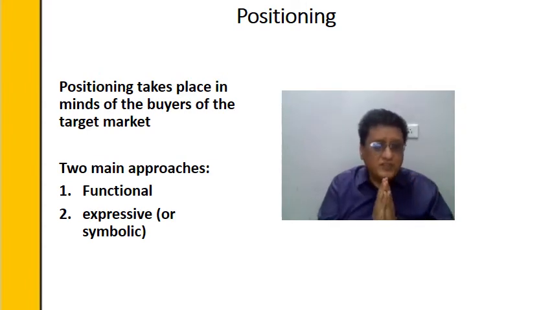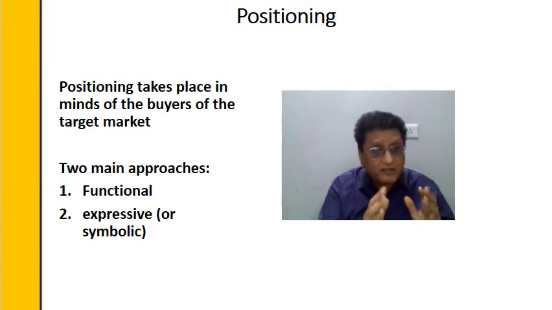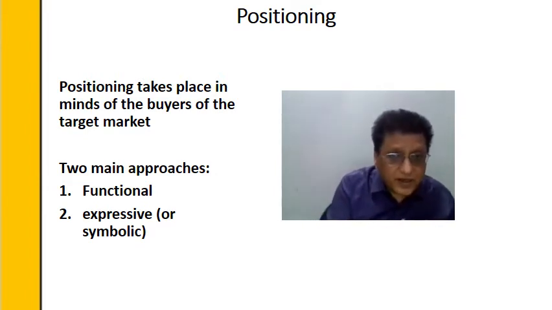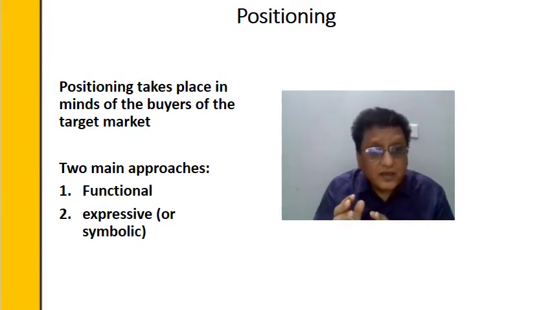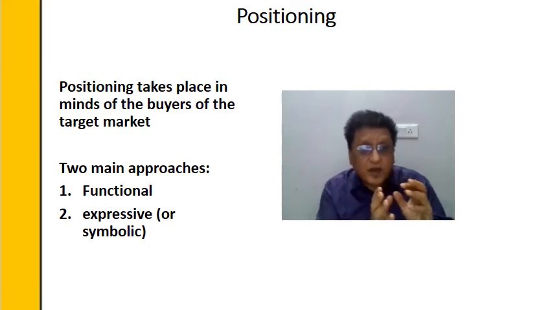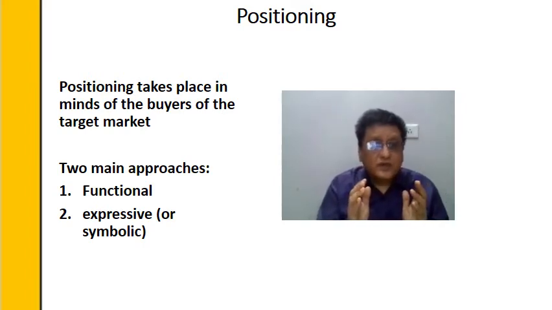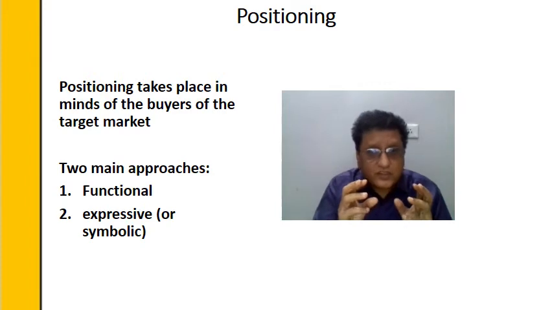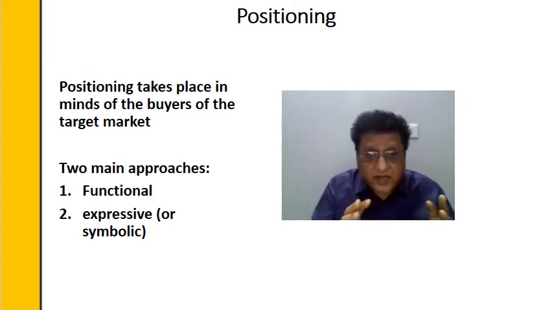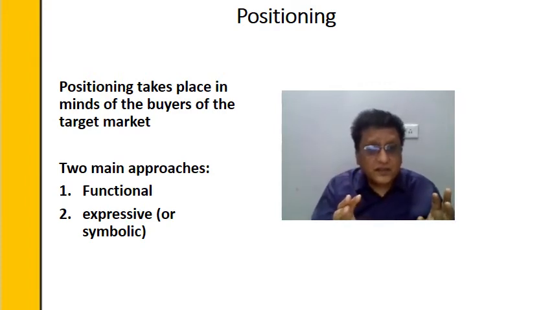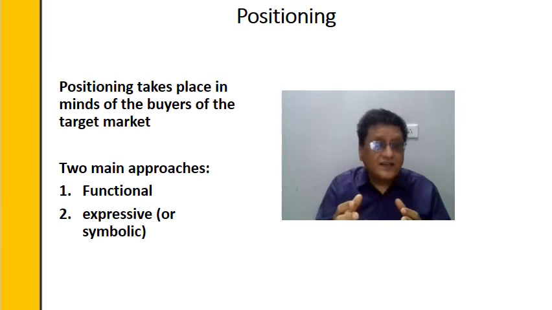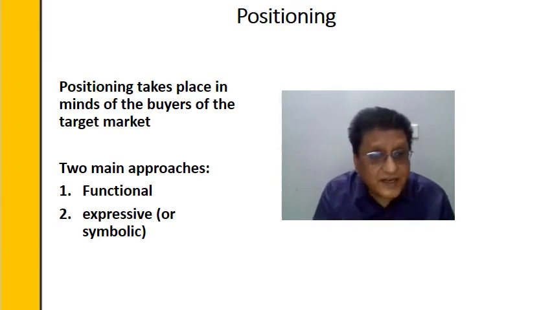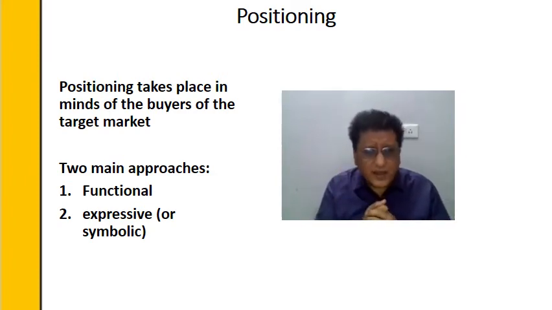The aim of positioning is to enable the buyer, not just the current buyer but also the potential buyer, to view the supplier as different from other suppliers. And when I say different, I mean different in a positive sense, that it is a source of added value.